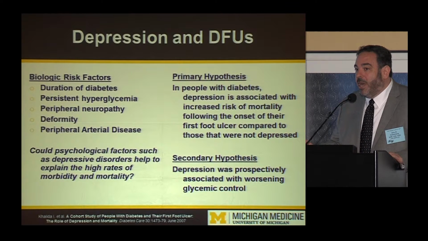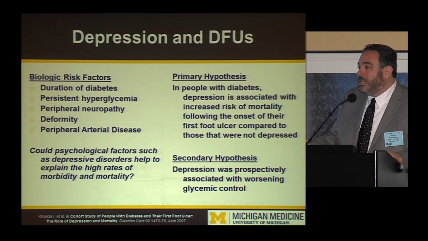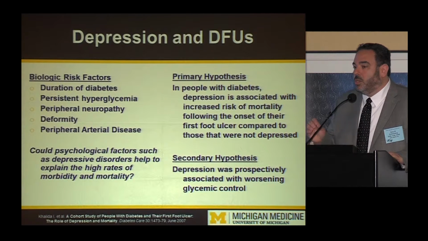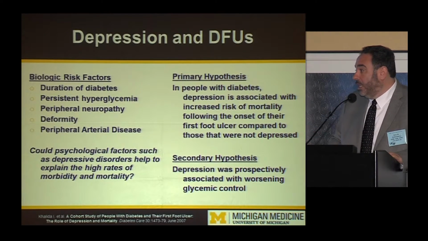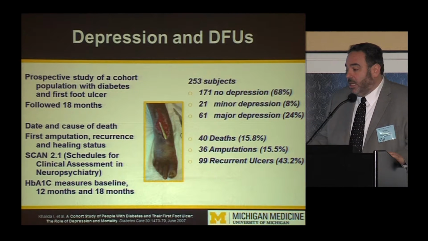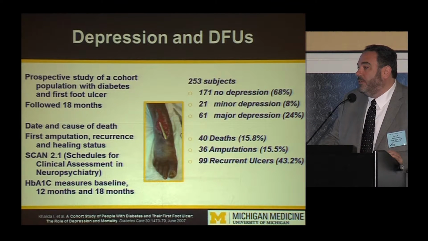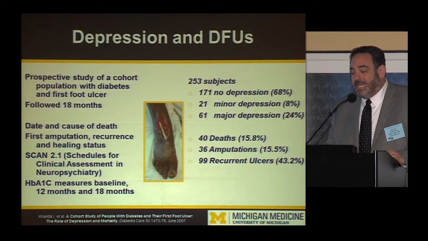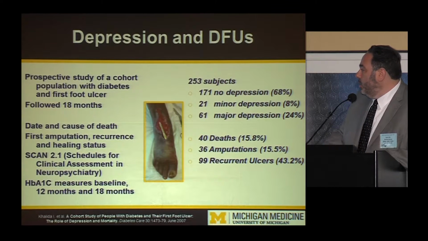So their primary hypothesis is that there is going to be a higher incidence of depression among patients with diabetic foot ulcers, and secondarily, as we're always trying to link, does glycemic control play a significant role in worse outcomes as well. So they studied these patients, a fairly large study, over 250 patients. They followed them for 18 months, and they looked at the usual demographics.